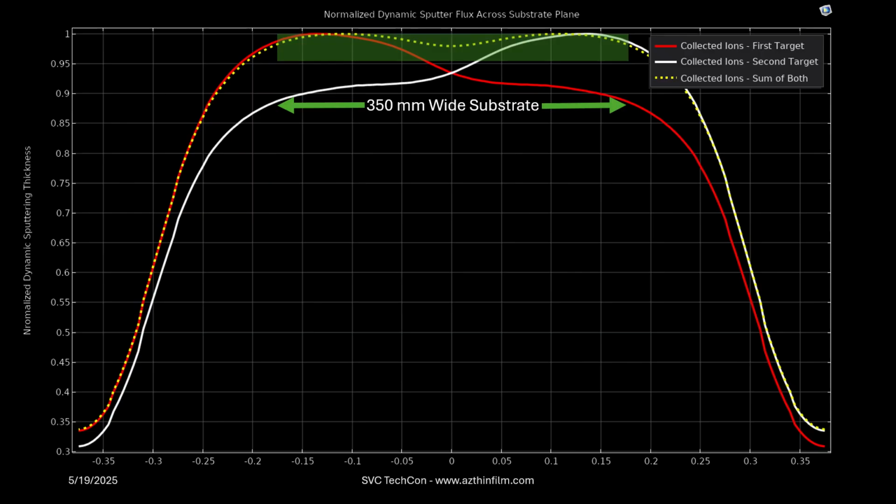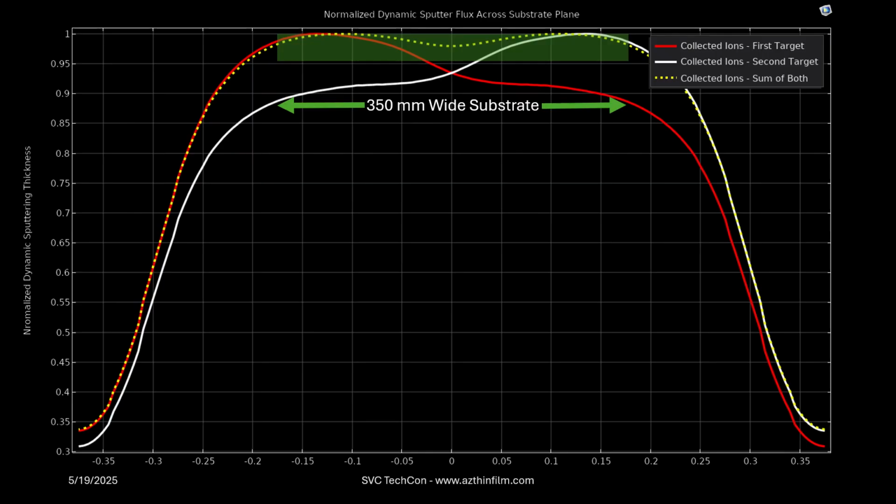And then on the red curve on the right-hand side of the 0 point, I'll have a low sputter rate to the same reactive gas concentration. So I'll have a higher reacted species on the right-hand side of the red curve and a lower, closer to metal mode on the left-hand side.